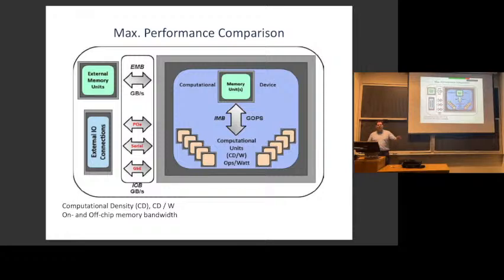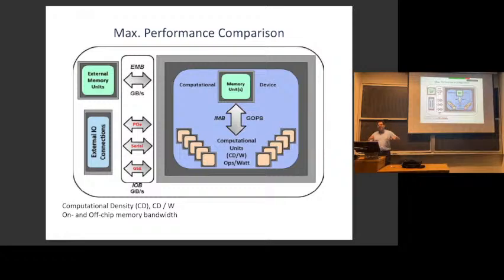Take a whole bunch of widely varying devices and just find their absolute limits. They compute a few different things. They compute something they call computational density. So how much compute can I get done on each one of these devices? Computational density per watt. Those are both about on-chip computation.